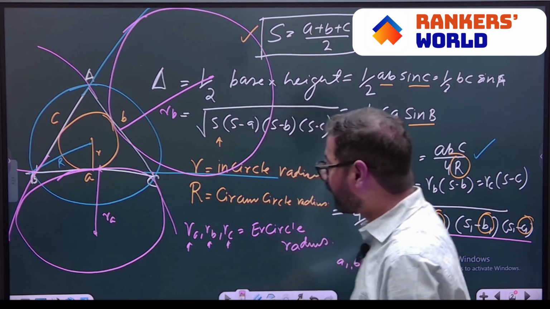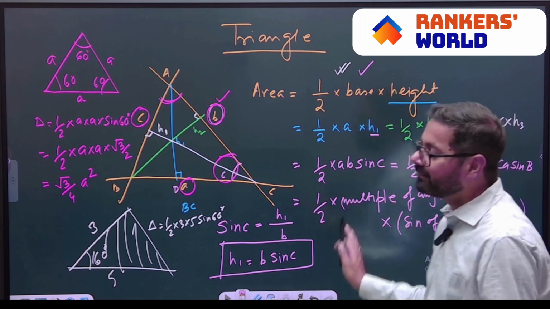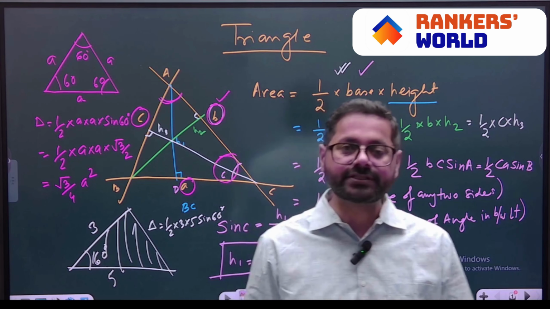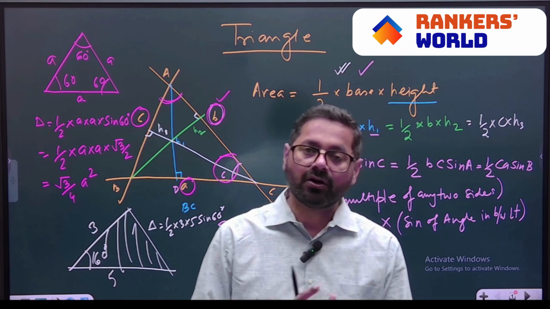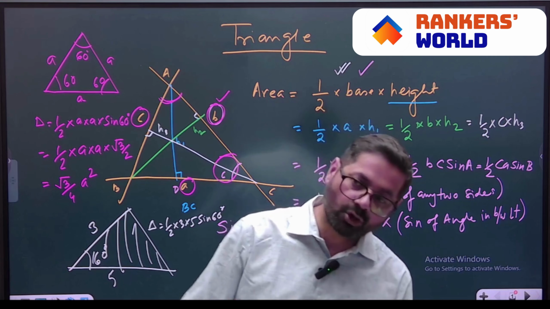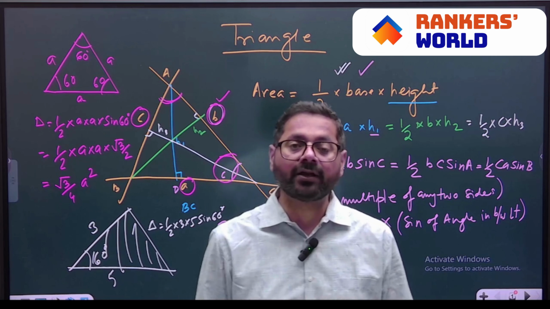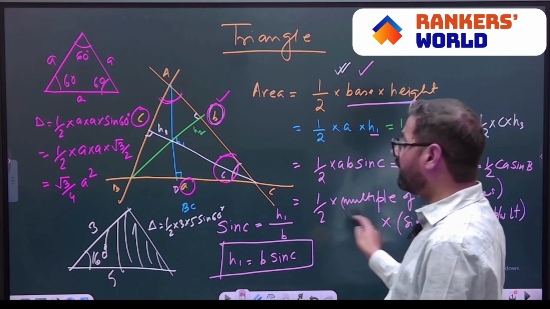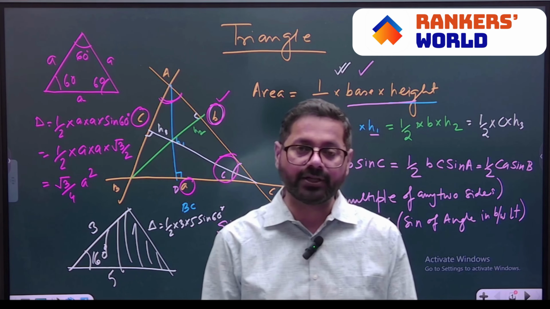So basically what I tried to connect today is area as a concept. Is there any basic rule which is followed in all places? The answer is yes, they follow one rule: either half base into height, or the product of two sides and sine of the angle between them divided by 2.